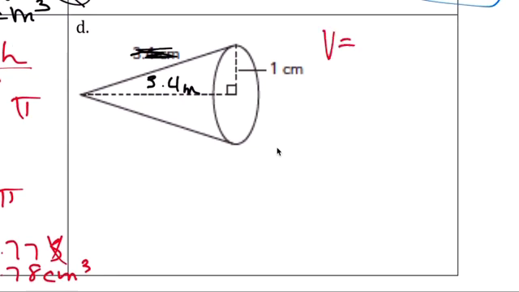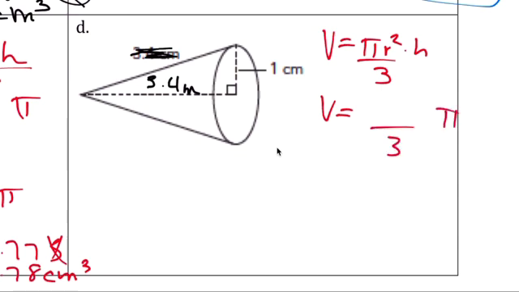Again, volume is pi r squared times h divided by 3. Volume equals, I'm going to leave it in terms of pi. Radius is 1 times height, 3.4.